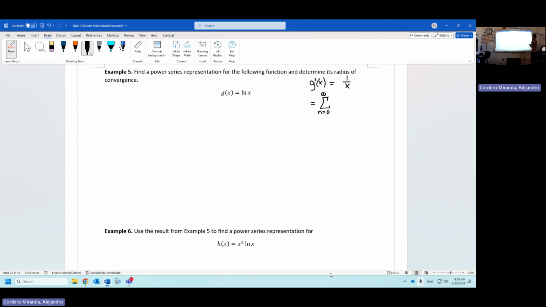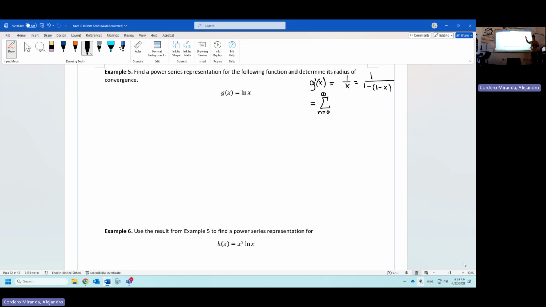So I would want 1 over x, which would be 1 over 1 minus, I always need the 1 over 1 minus if I'm going to do a geometric series. So what should go in these parentheses to make that just normal x? 1 minus x, because 1 minus 1 is 0. Yes, nice. So 1 minus x.